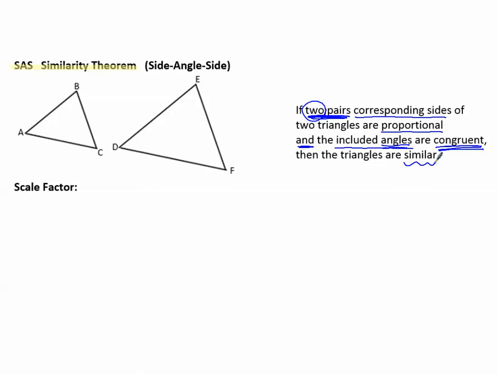What would that look like? So we start with just 2 pairs of corresponding sides, such as this side being 2 units and this side being 3 units long, this side being 4 and this side being 6.